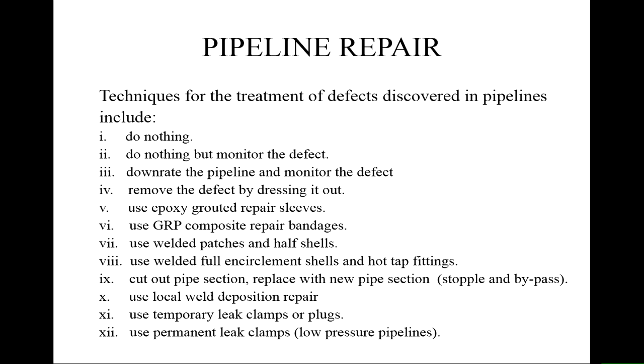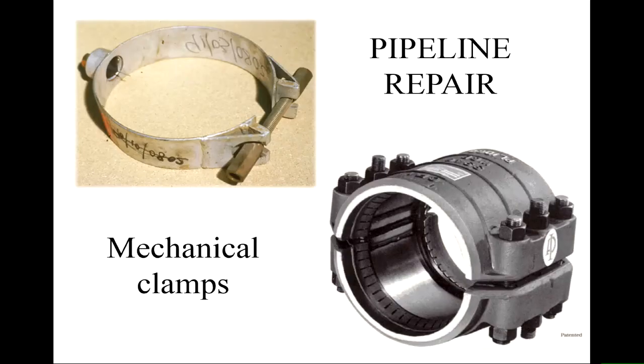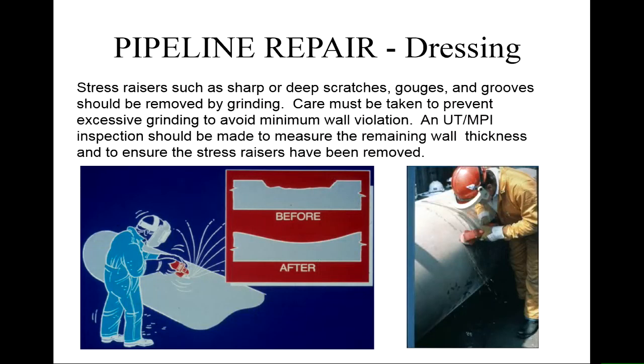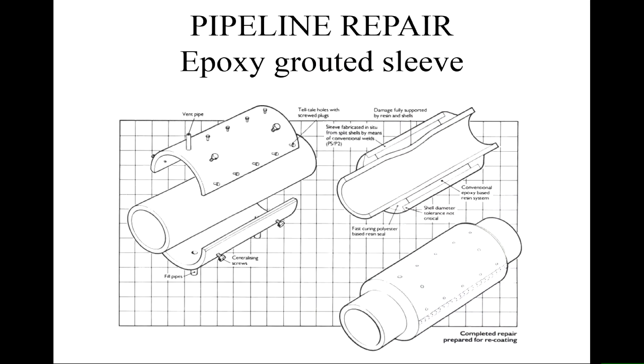You'll see the epoxy grouted sleeves later on. You'll take all of this in detail. Do we have an epoxy sleeve somewhere here? This is dressing. Yeah, these are the epoxy sleeves. Epoxy sleeves are 2 shells which are made from the same steel as the pipeline.